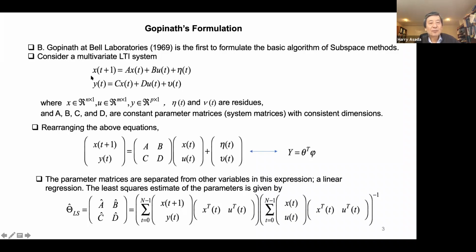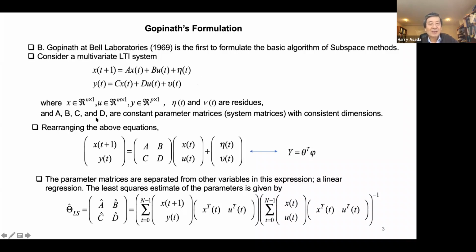The state dimension is n, okay, the input dimension is m, and the output is p. Not r, but p. We use p for the output dimension. And then eta and v are basically residuals, not actually accounted for by this model. This may be a mixture of many things, but let me put it in this form. Okay.